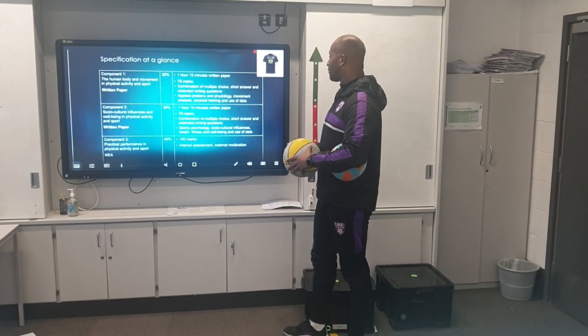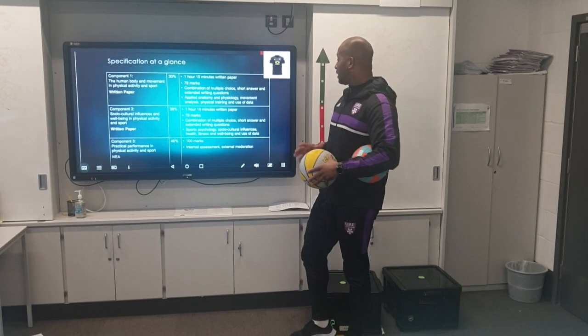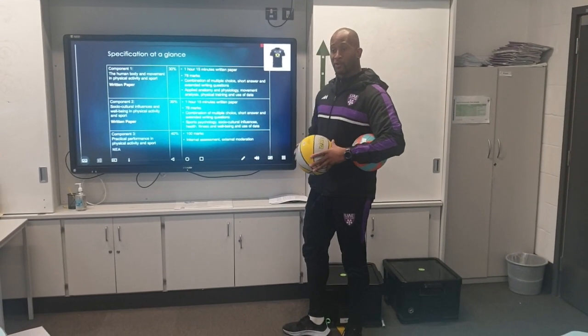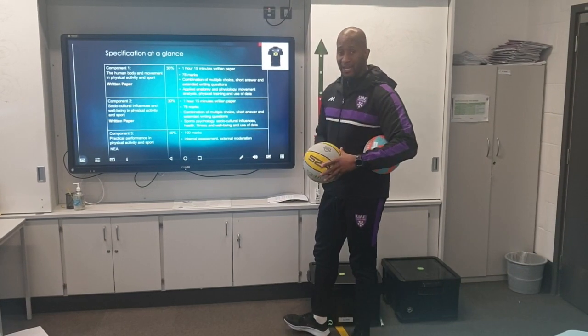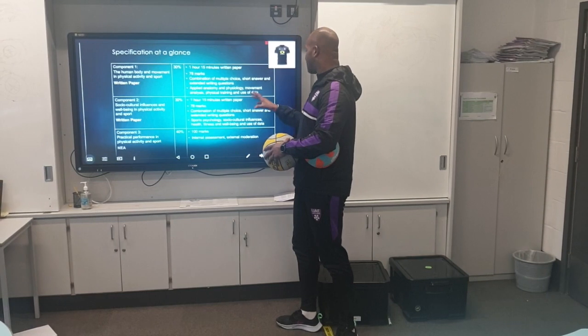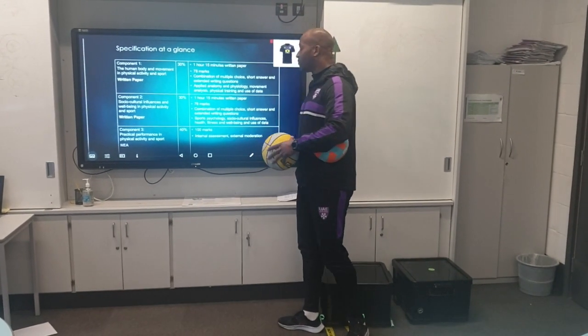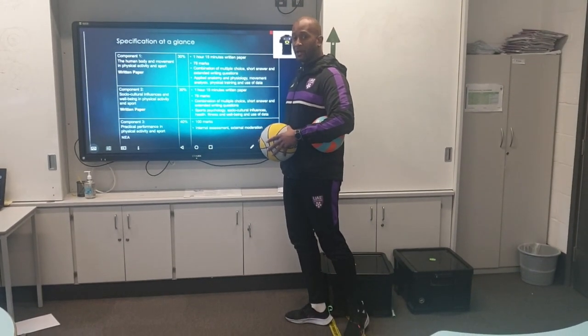You have 78 marks, and that is a combination of AO1, which is multiple choice, AO2 short answer questions, and AO3 extended answer questions. The chapters are from anatomy and physiology, movement analysis, physical training, and use of data.